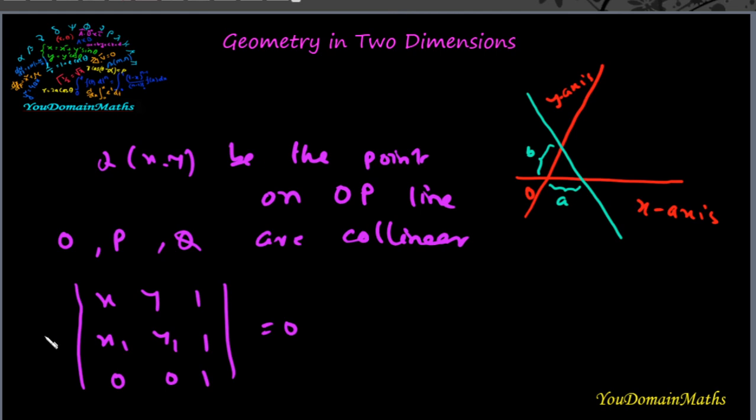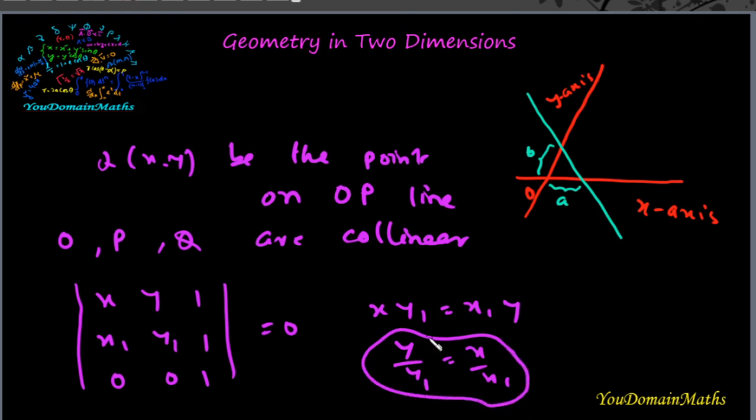We cannot write half sine omega because the right side is 0. Simplifying this, we get x y1 equal to x1 y, and we can write y by y1 equal to x by x1. This is the equation of a straight line which passes through the origin and one point x1, y1.